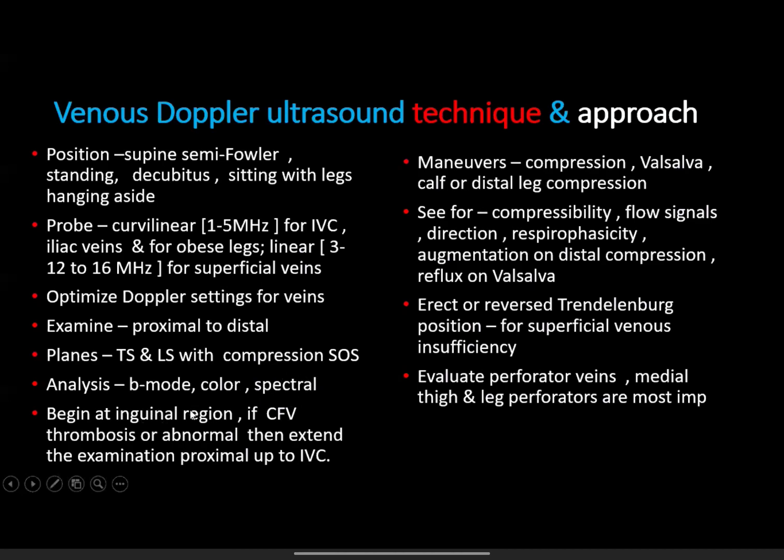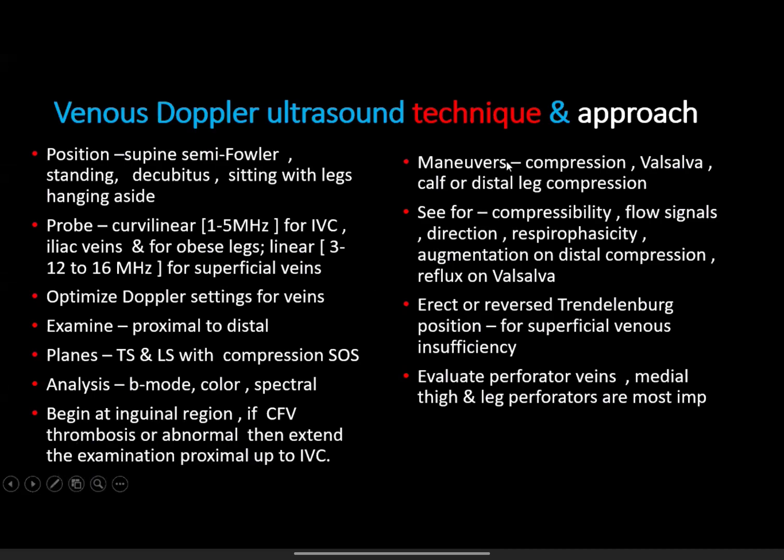We begin at the inguinal region, and if we find any abnormality, like thrombosis or wall thickening or irregularity within the common femoral vein, then we extend our examination more proximally. We go back and see the IVC and examine the iliac segment also.